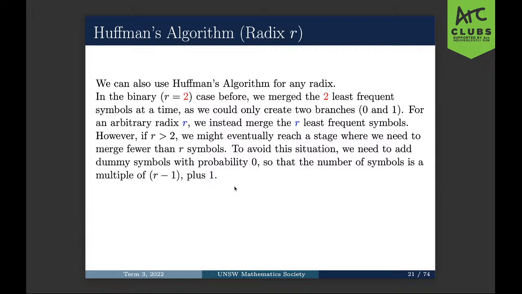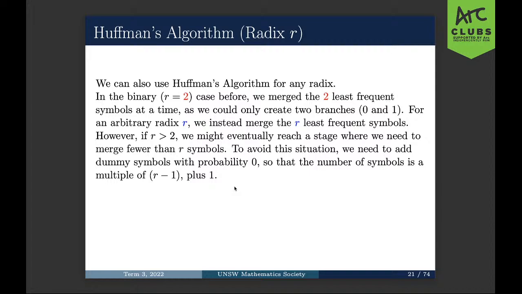If we merge R symbols at a time, then we're going to delete all of those R and merge them into one symbol in the next column. So that's a net decrease of R minus 1 symbols as we move along the columns. At every step of merging, we get rid of R minus 1 symbols.